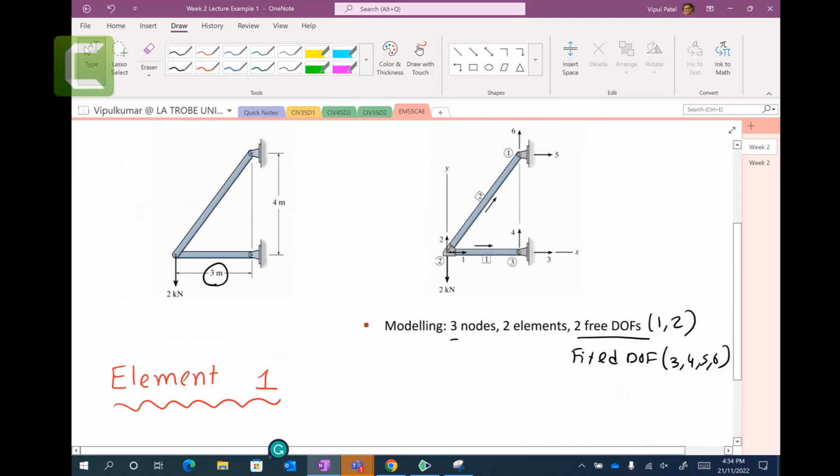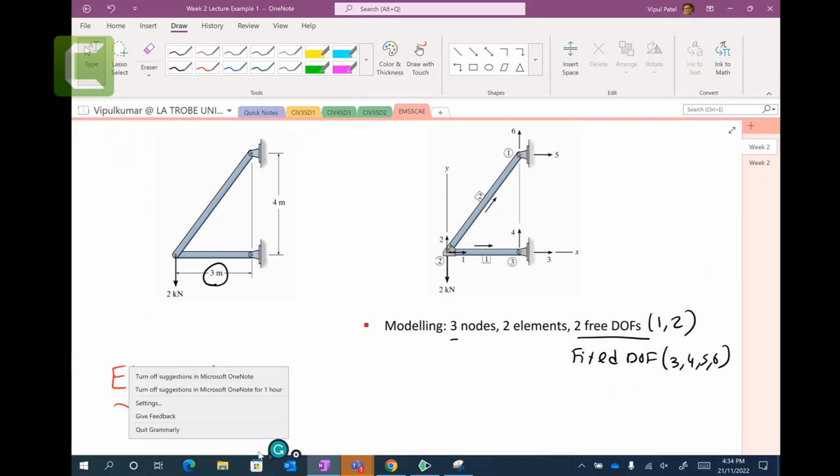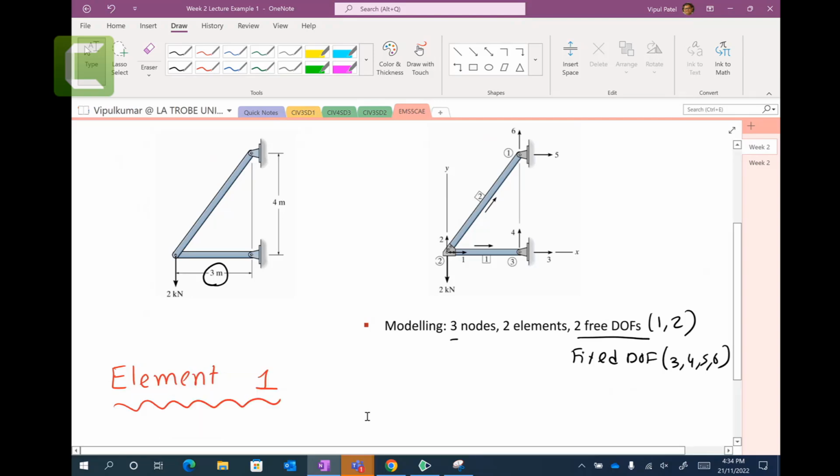So before going to these, let me explain that this is 0, 0 and this one is 3, 0. Do you understand these? Because your global coordinate system is sitting here. You can see this arrow, X and Y. So here you have 0, 0, meaning that you need to go along the x.